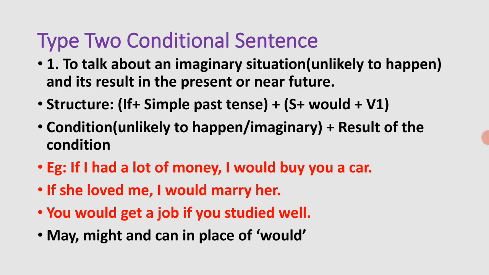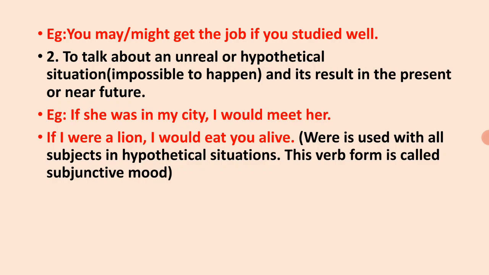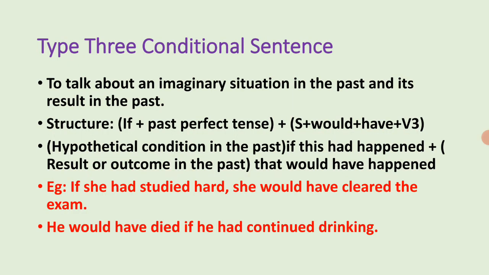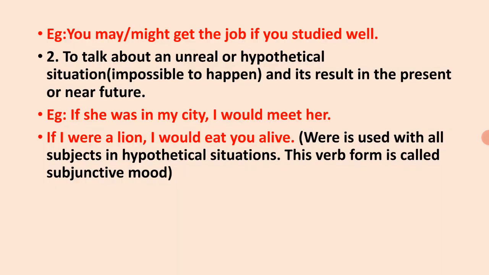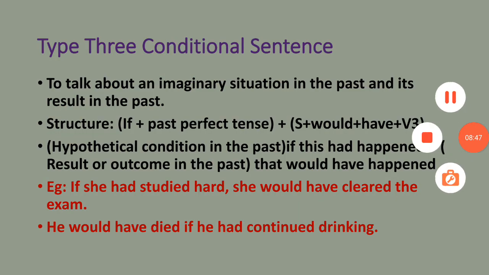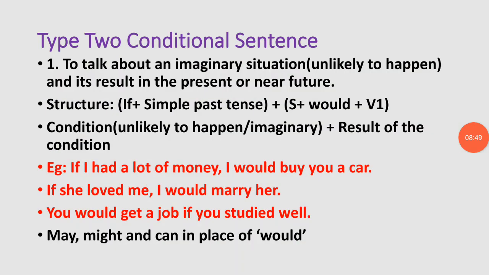So the structure will be: in the if clause, if plus simple past tense, and in the second part, the result part, subject plus would plus the first form of the verb.